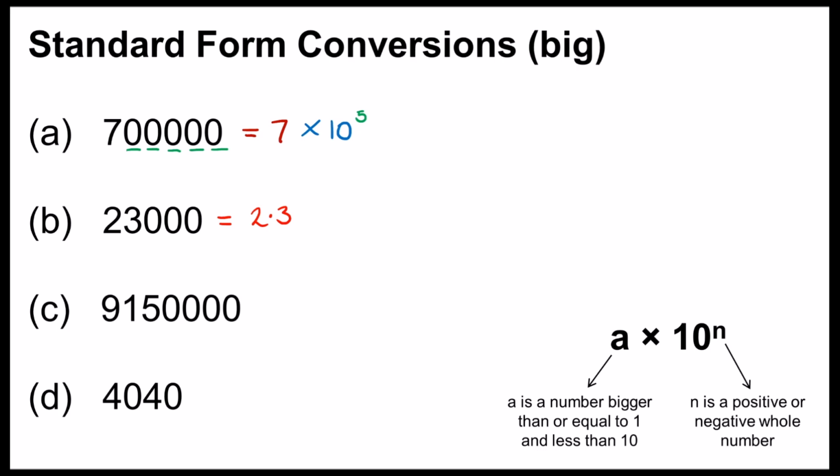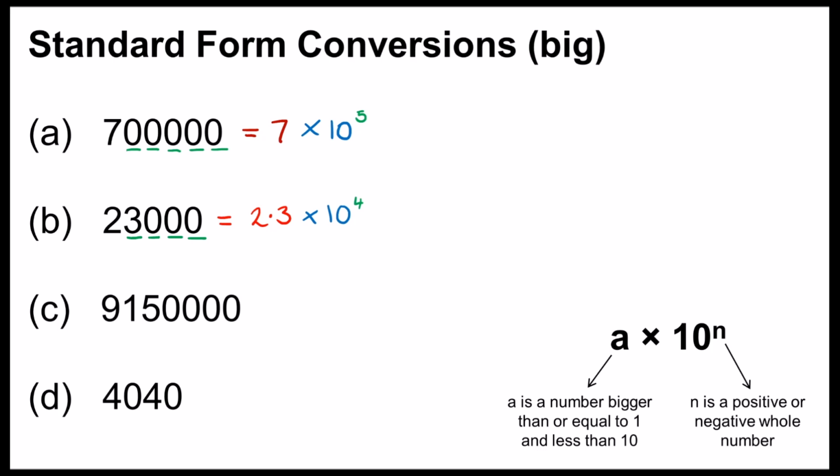Next, I need to put my times by 10 in. And finally my power, which I can get by counting the number of digits after the first digit. So this is 1, 2, 3, 4. My answer is 2.3 times 10 to the power of 4.